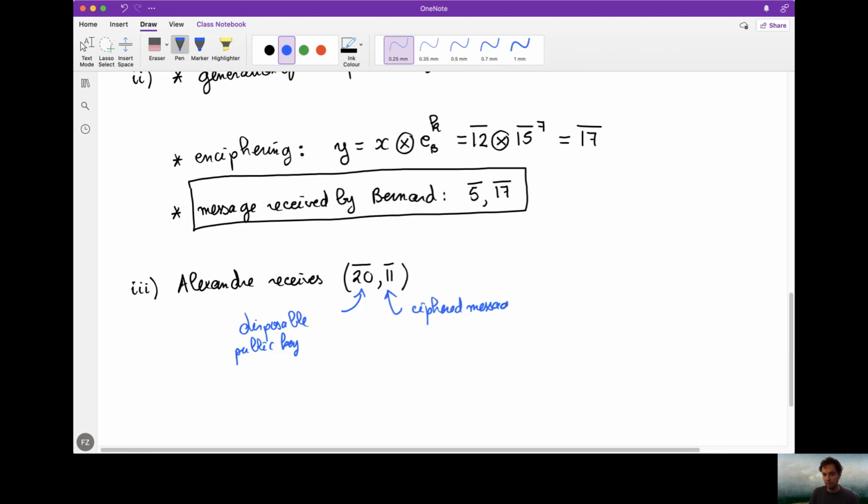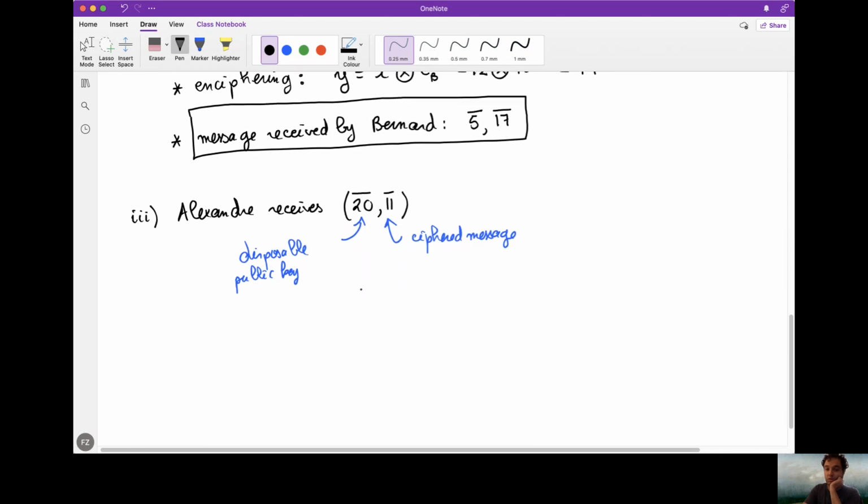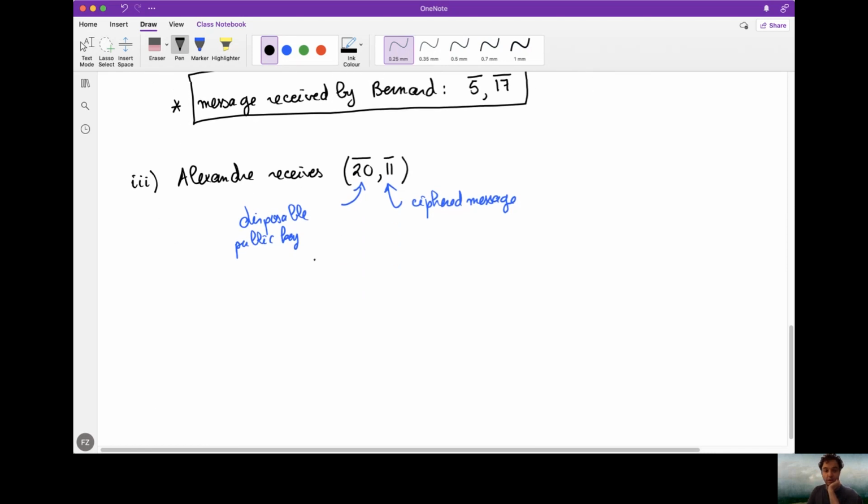Okay. So if Alexandre is going to decipher the message, he is going to use his own deciphering key, right?